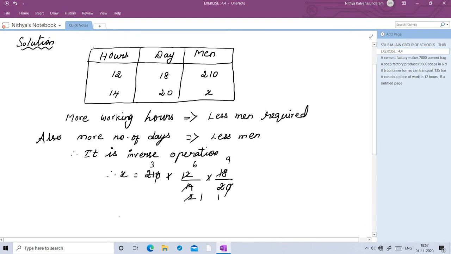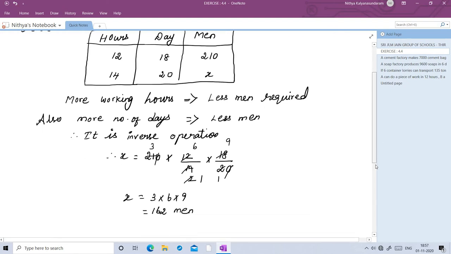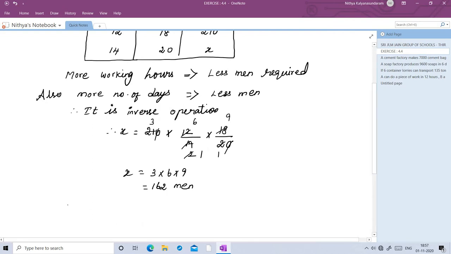So X is equal to 3 into 6 into 9. 6 9s are 54. 54 into 3 is 162. So 162 men are required.